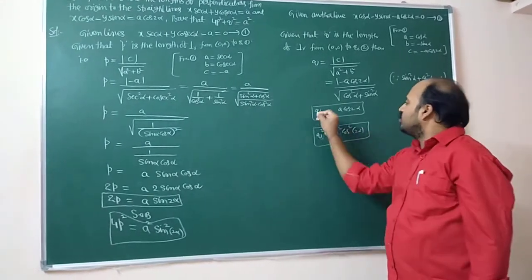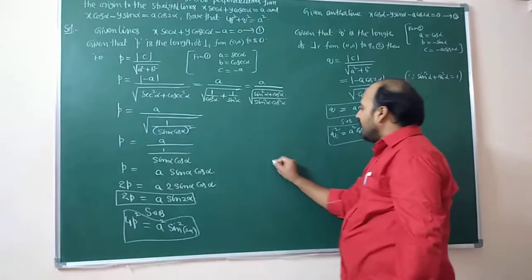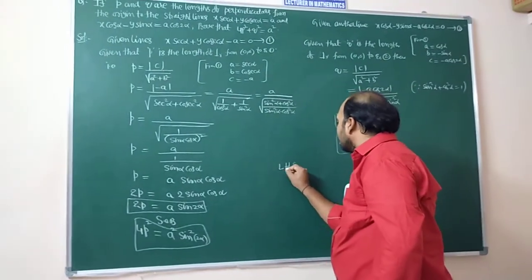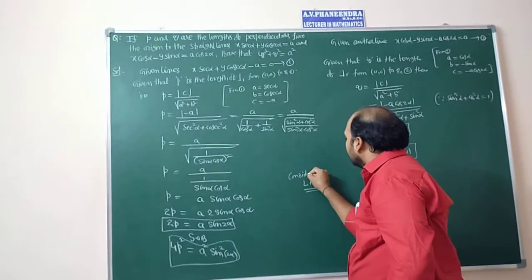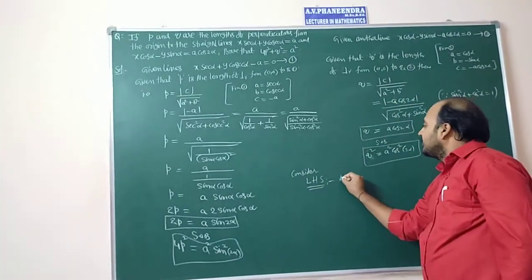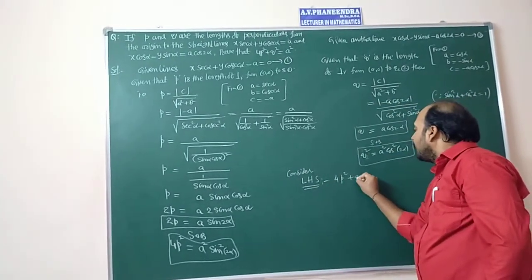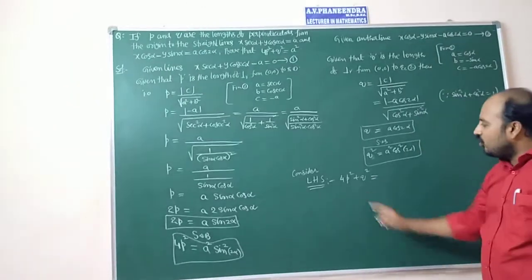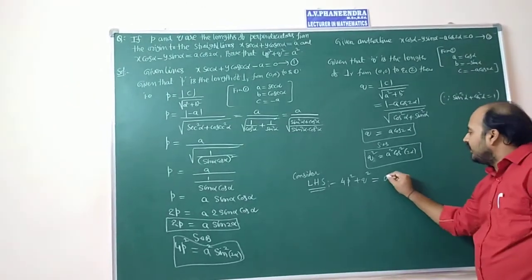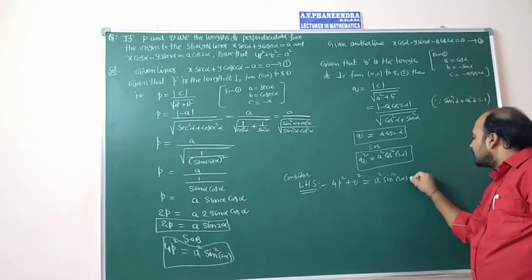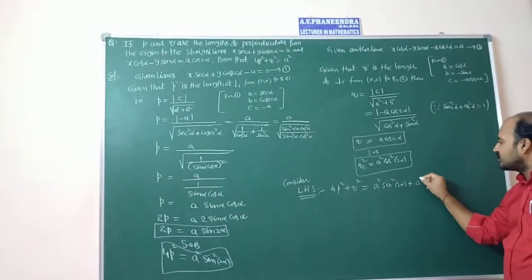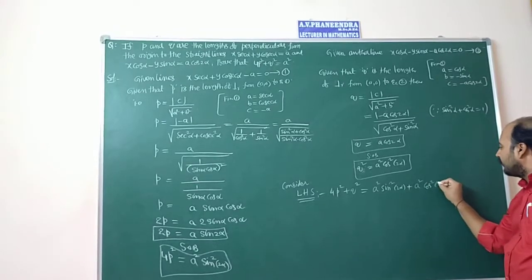After getting these two values of 4p square and q square, now consider LHS. LHS means 4p square plus q square equal to, what is the value of 4p square from there? It equals a square into sin square 2 alpha plus q square value is a square into cos square 2 alpha.